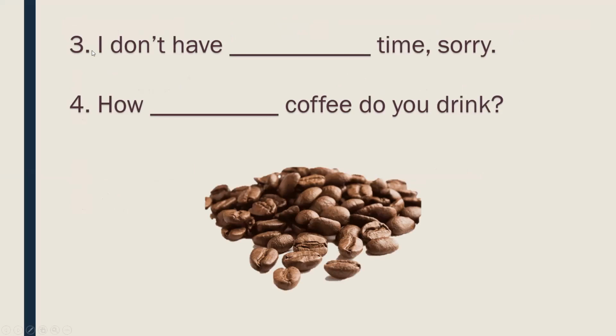Now let's see number 3. The word is time. It's negative. Any. I can say, I don't have any time, sorry. Or if I have to choose between much or many, what should I use? Much. Yes, much, because time is uncountable.